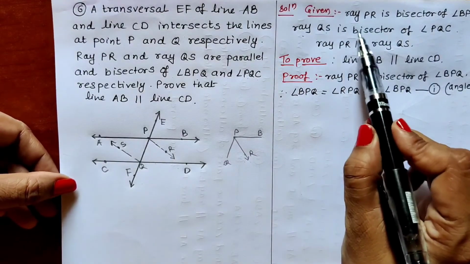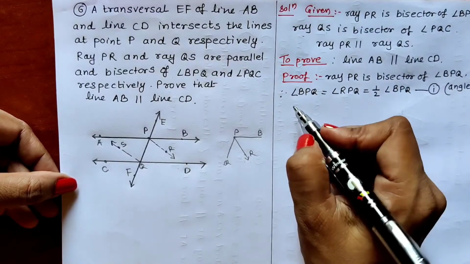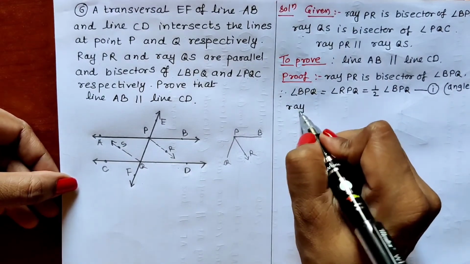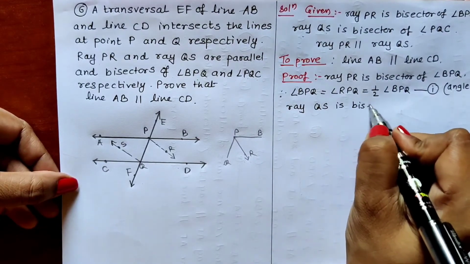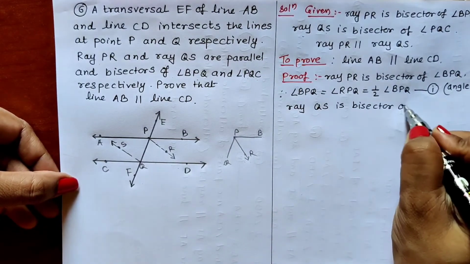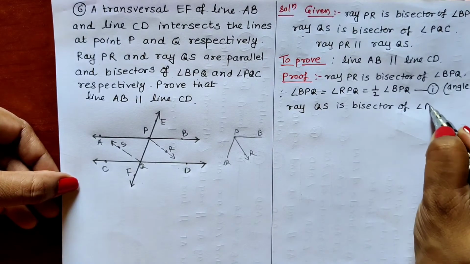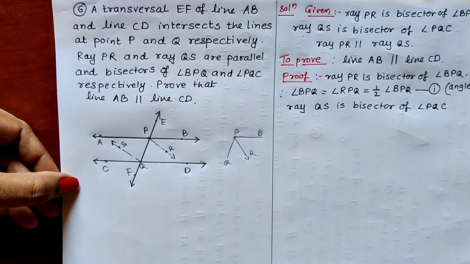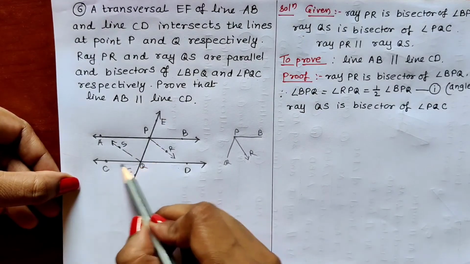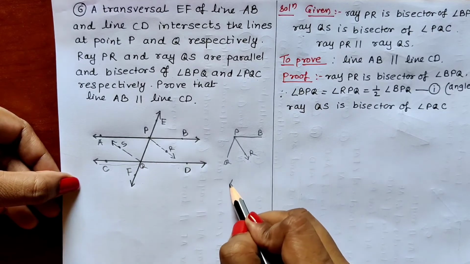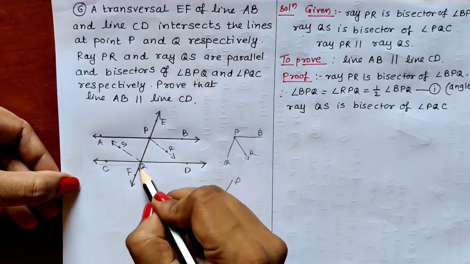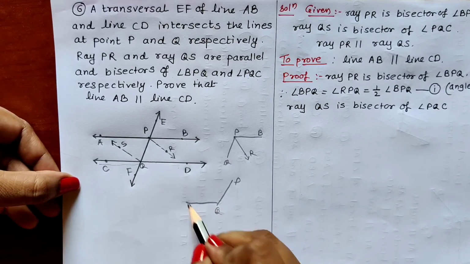Next is given ray QS is the bisector of angle PQC. So I will be writing here ray QS is bisector of angle PQC. So I will be drawing here this angle PQC. I am drawing here angle P, then Q and C here.